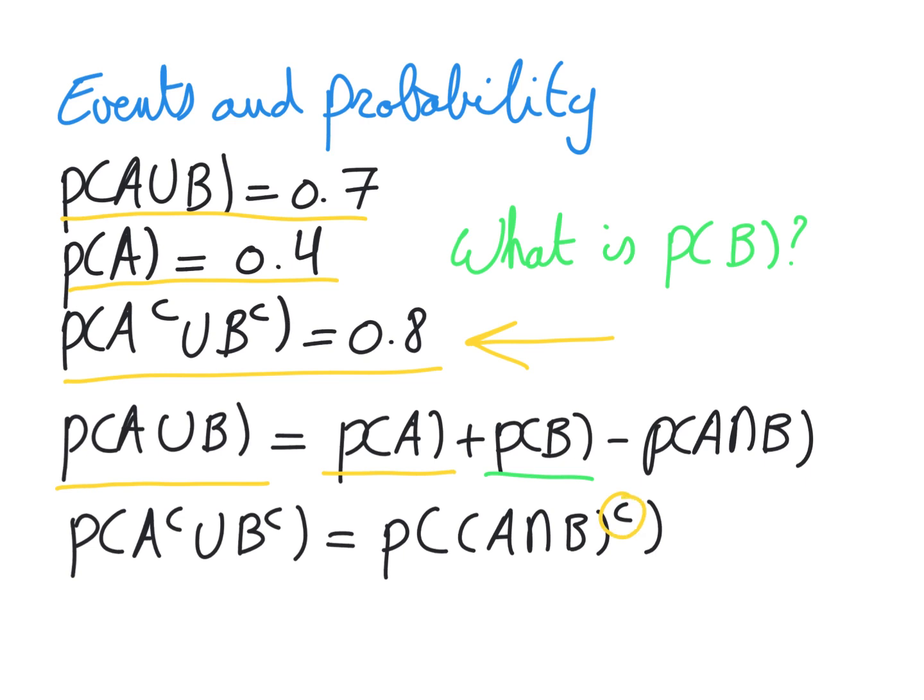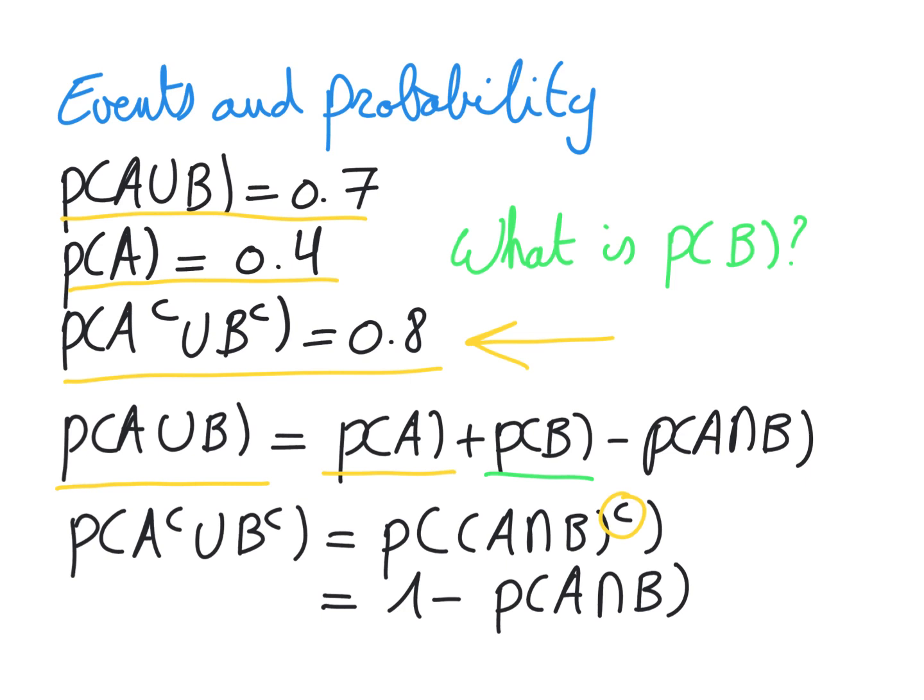So how do we get rid of that? Well, of course, with the complement rule. And the complement rule tells us that the probability of the complement of A intersection B is actually 1 minus the probability of A intersection B.